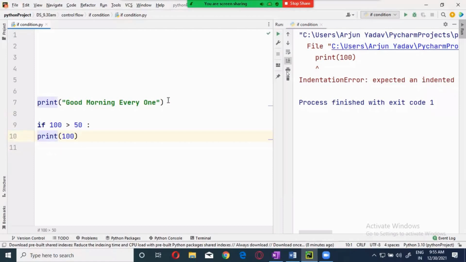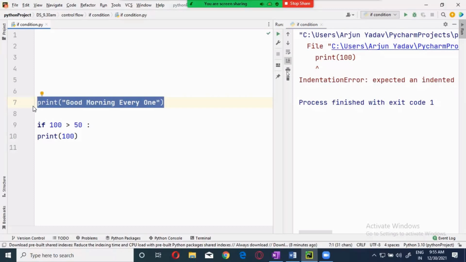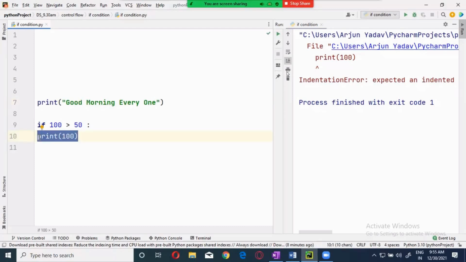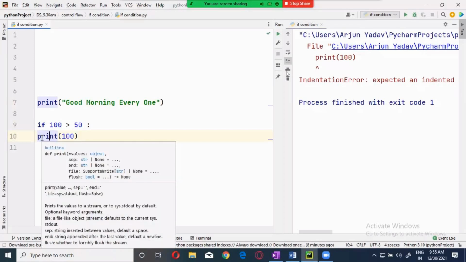But this is a main program line. Now I'm anticipating that this is under the if block, right? But the interpreter doesn't know it, because this one is also starting from the first character, and this one too. How should you say that this is under the if block?